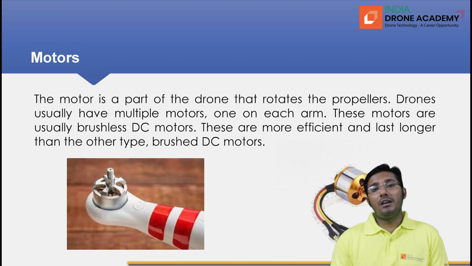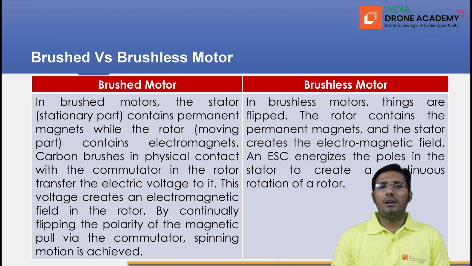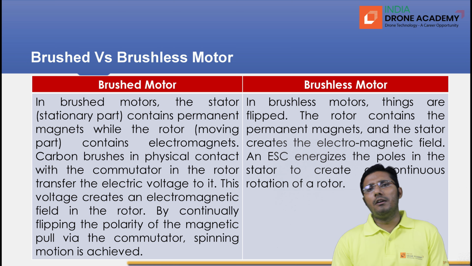Most of the drones currently being used use brushless DC motors. Brushless DC motors are different from conventional brushed DC motors, and they are chosen because of their high efficiency and because they last comparatively longer.